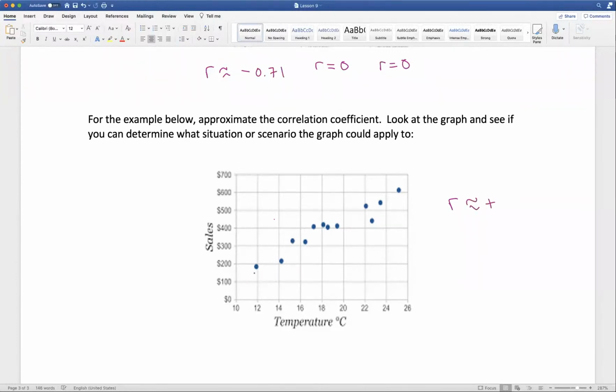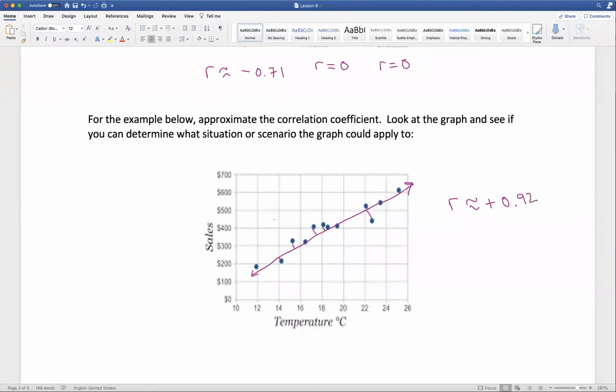In regards to a line, I can kind of draw a line. That's not a bad line to represent all those ordered pairs. Some of the points go through it, some of the points are a little bit off. So a good approximation for the correlation coefficient here would be something like 0.9. Well, that guy's kind of far away.